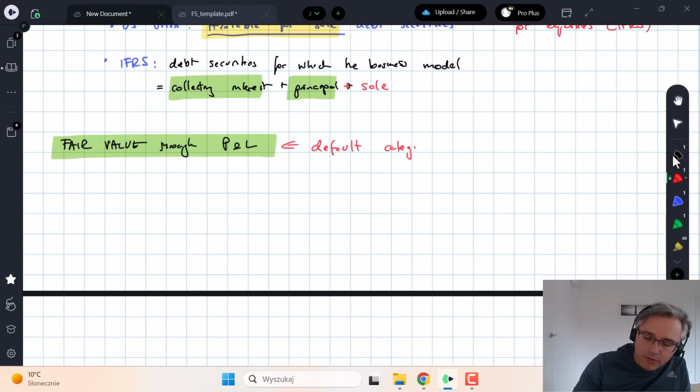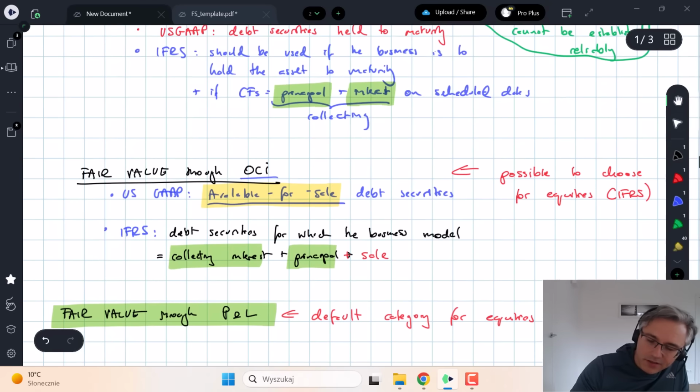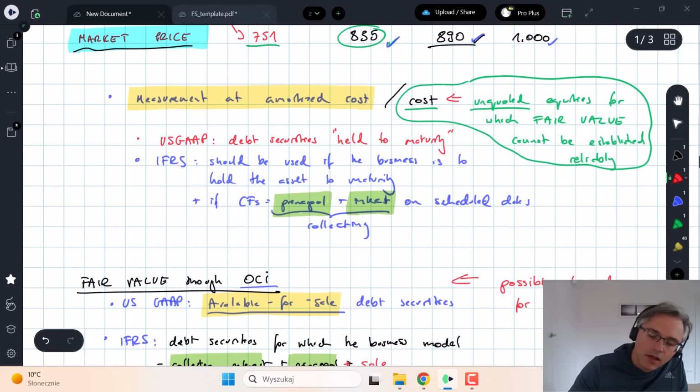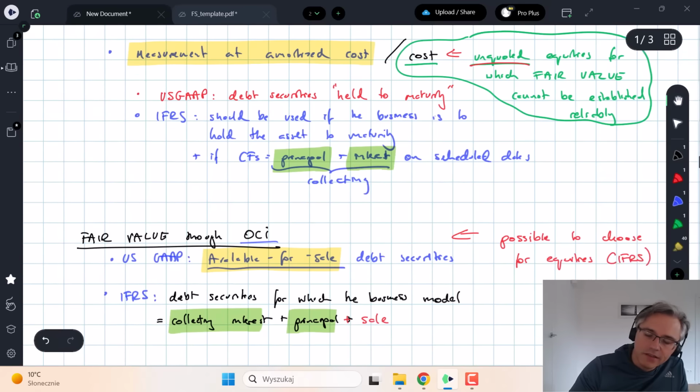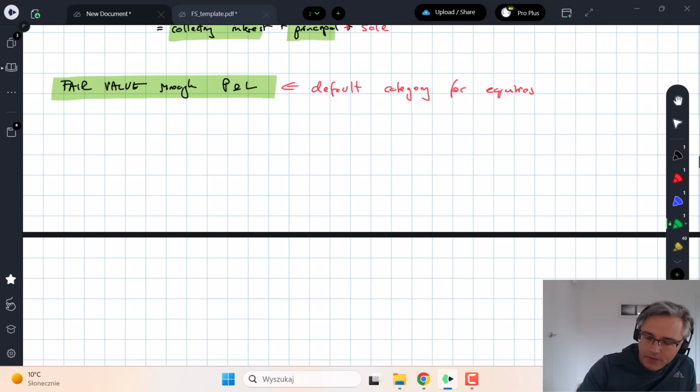So most equities, especially if they are listed, should be reported in this way. Although it is possible to designate some equities into the via OCI category, and if the equity instruments are unquoted and you can't really reliably measure their fair value, you are able to sort of measure them at cost, although at least under IFRS that should be an exception.